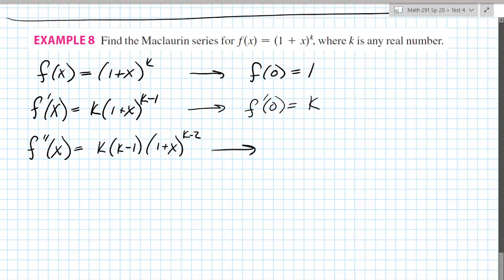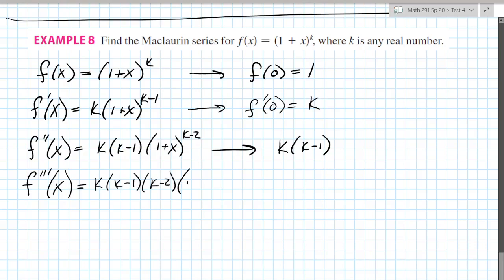So that's k times k minus 1. Third derivative gives us k times k minus 1 times k minus 2 times 1 plus x to the k minus 3. So setting x equal to 0 gives us k times k minus 1 times k minus 2. I think we have enough to form a pattern here.